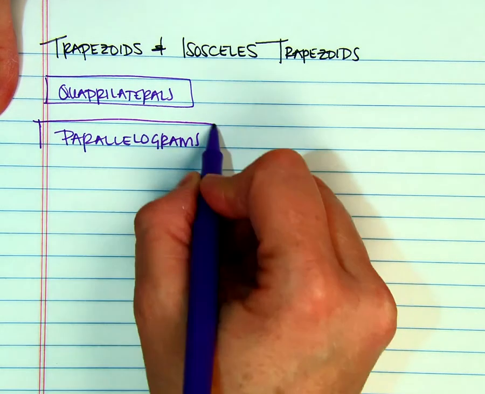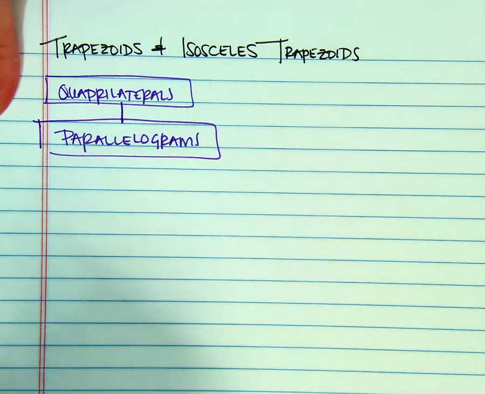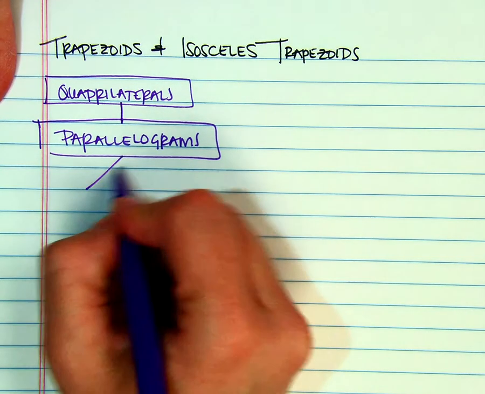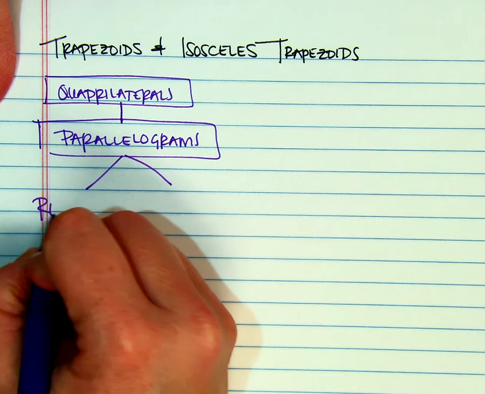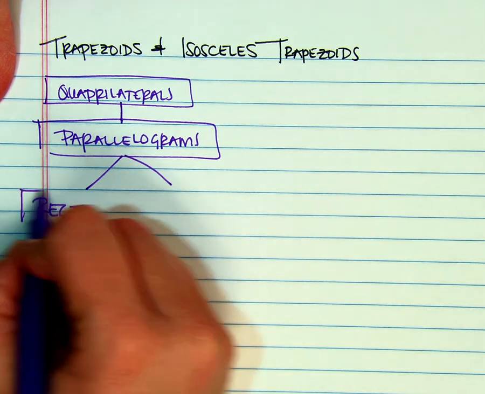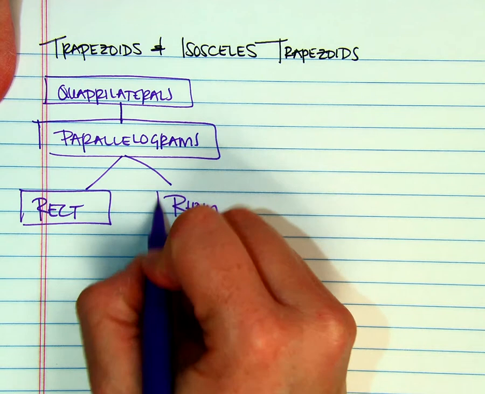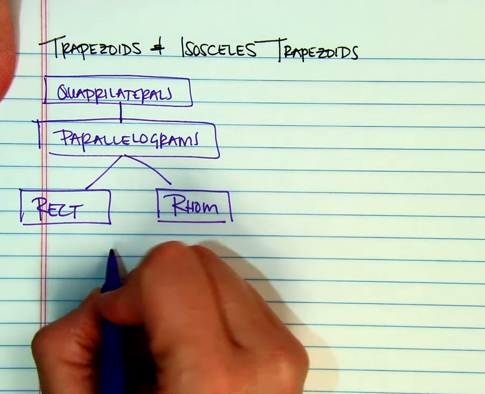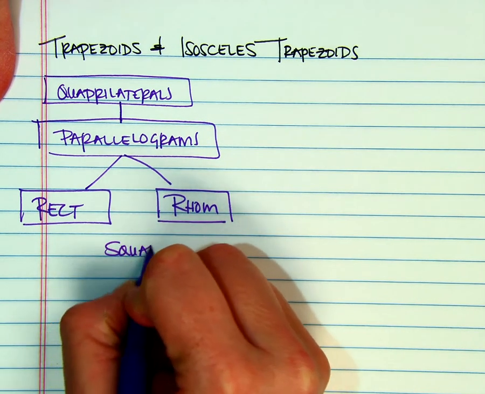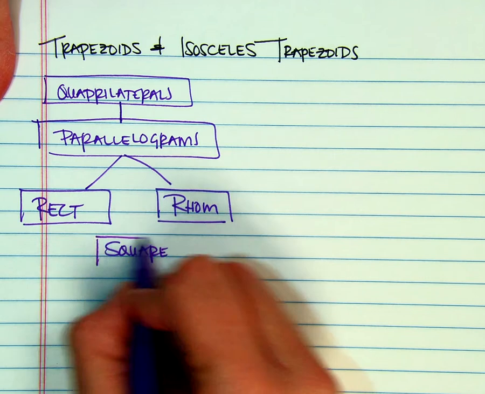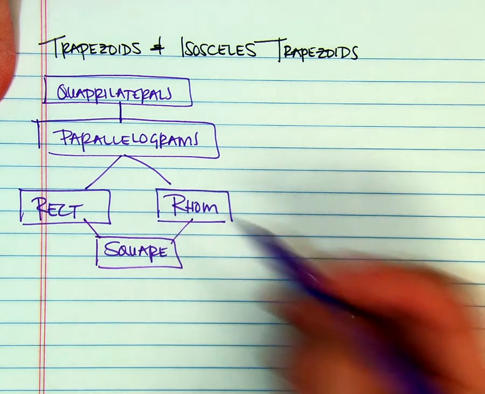Parallelograms are quadrilaterals, and then we branched off from here, and we had rectangles, and we had rhombi, and then we had a square, which was both a rectangle and a rhombus.